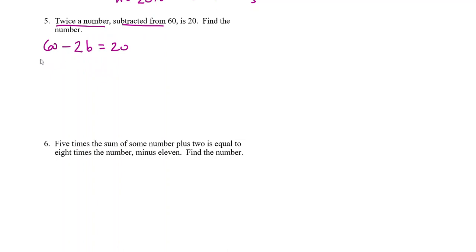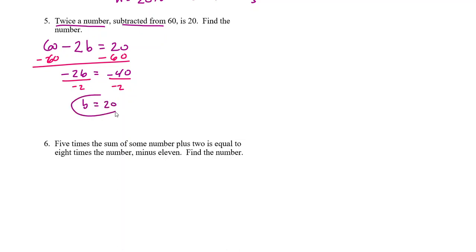So first we're going to get rid of that 60 by subtracting 60 from both sides. And we get negative 2b equals negative 40. Then we'll divide both sides by the negative 2. And we'll get b equals positive 20.